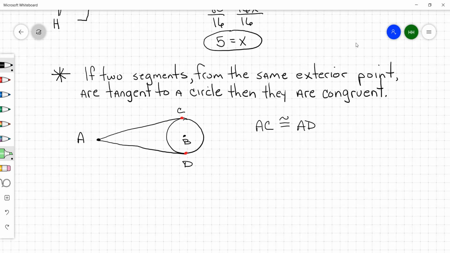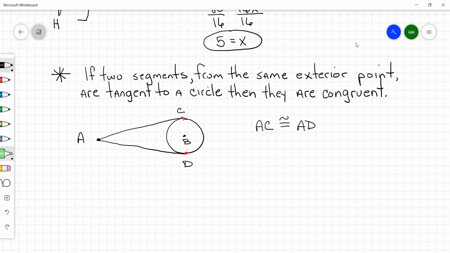That's the theorem. And then they're going to throw some algebra in there for you to do. Like, they're going to tell you that AC is equal to 3x plus 8. And that A to D. Let's do this. Let's undo that. Not 3x plus 8.